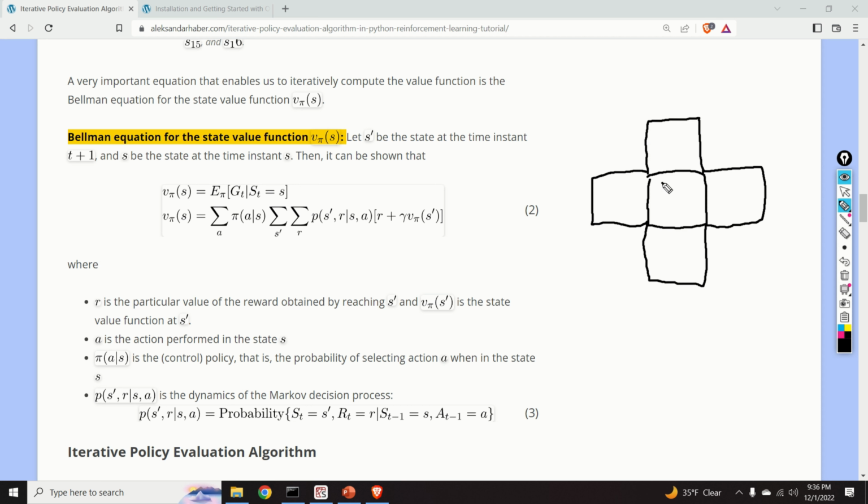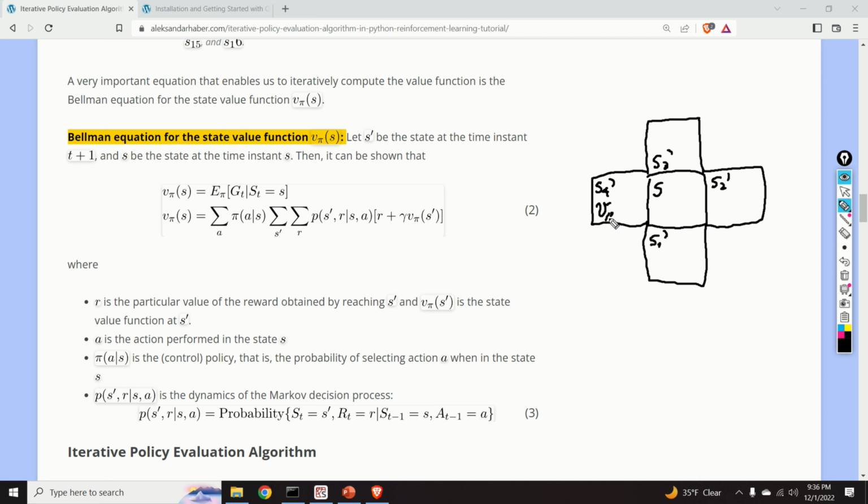The current state is this state S, and we have 4 possible next states. These states are S1 prime, S2 prime, S3 prime, and S4 prime. To every next state, we can associate a value function.